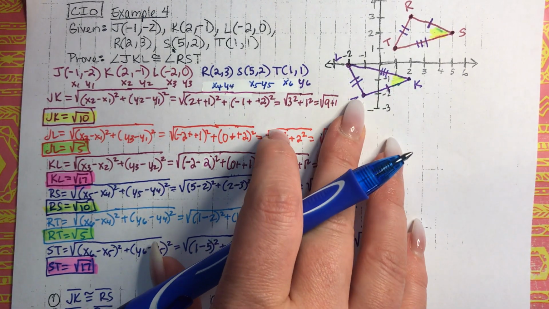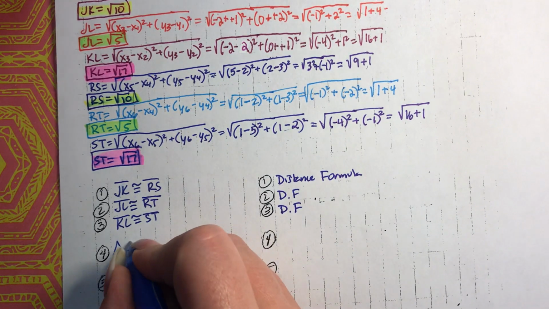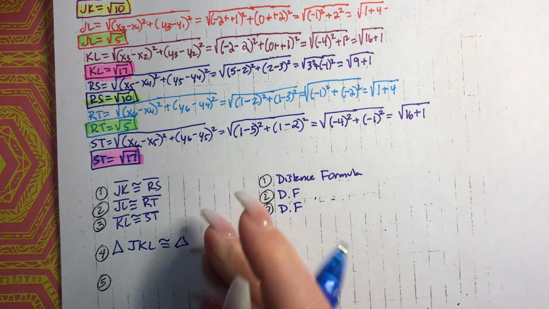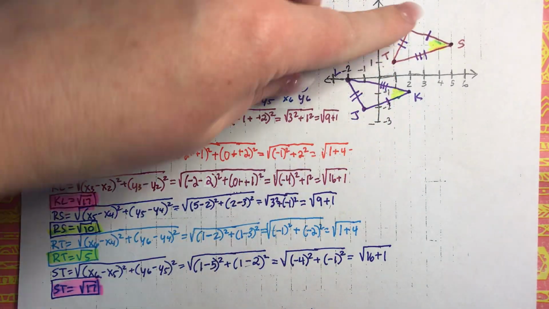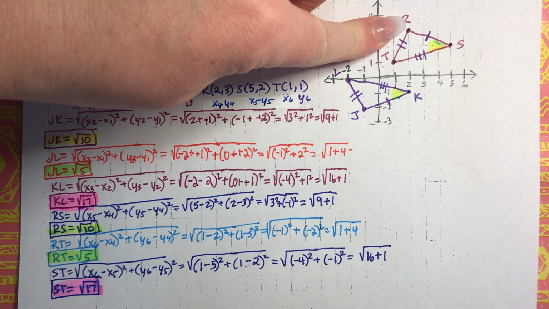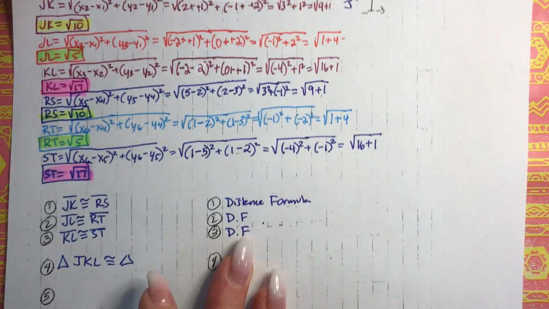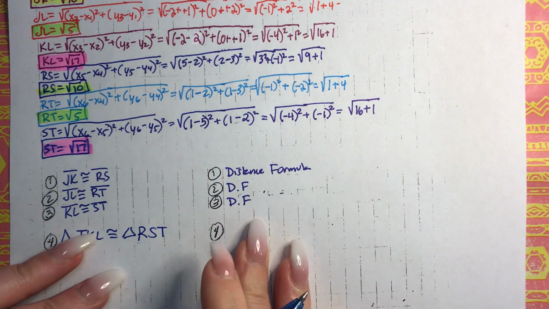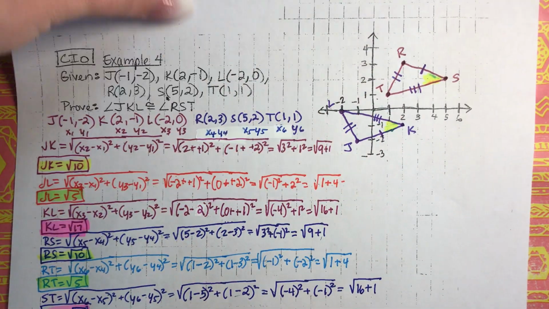Okay, so it's going to be J, and then I'll go the way of the 1. So JKL. So triangle JKL is going to be congruent to triangle, and I have to find the angle that's between side 1 and 2, which 1 and 2 is right here is R. And then I'm going to go the direction of the 1, right? So RST. So triangle RST, and those two triangles are congruent because of, yes, side, side, side.